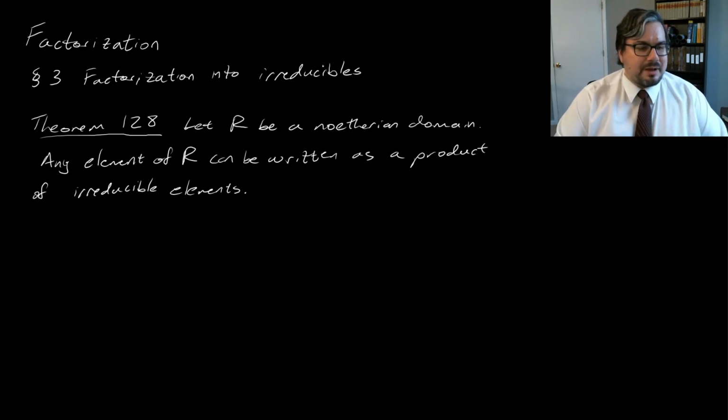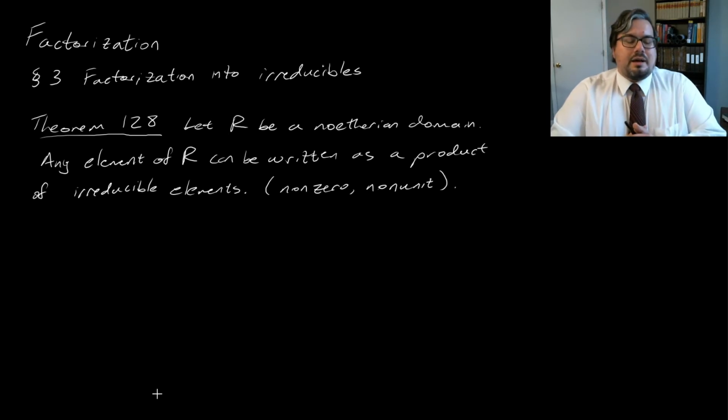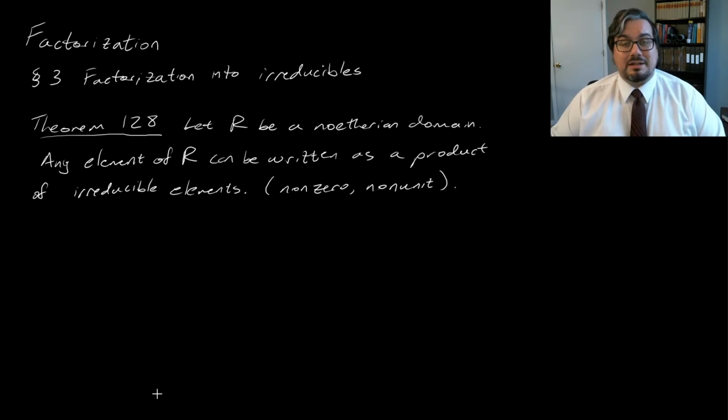I should specify here that the element has to be non-zero and a non-unit. So if you're Noetherian, then every element can be written as a product of irreducible elements.